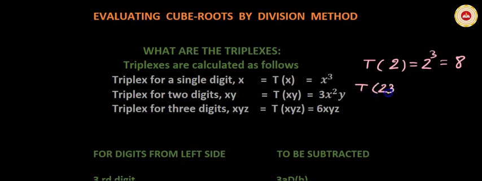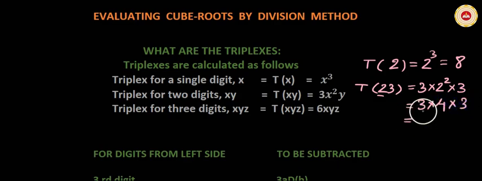For example, 23. 3 times, that is 3 multiplied by the square of the digit at tens place, that is 2 squared, multiplied by the digit at units place, that is 3, which is equal to 3 multiplied by 4 multiplied by 3. 3 fours are 12, 12 threes are 36. That means the triplex of 23 is 36.